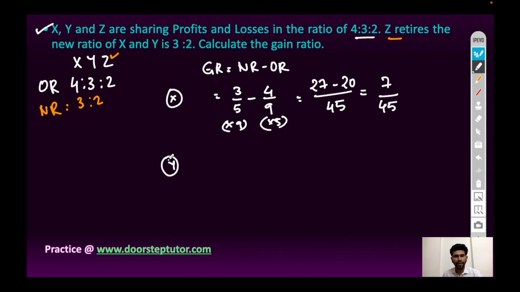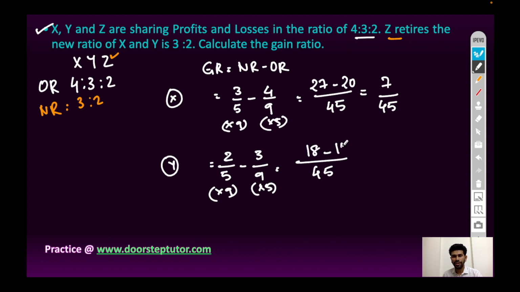And for Mr. Y, new ratio 2 by 5 minus old ratio 3 by 9. 9 multiplied by 2 minus 5 multiplied by 3, balancing 3 by 45.